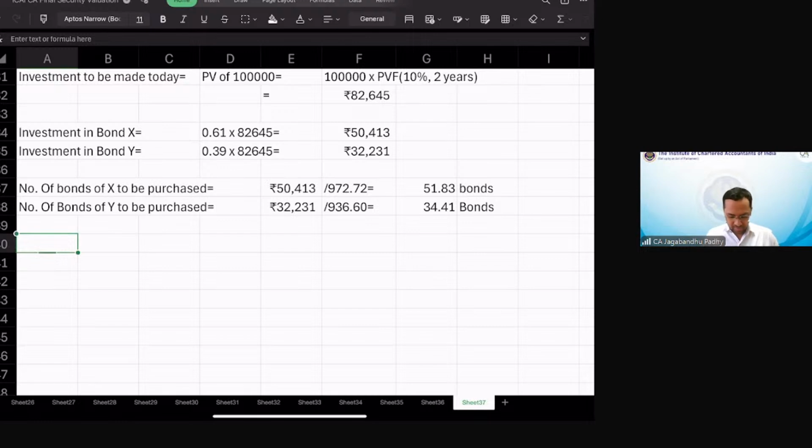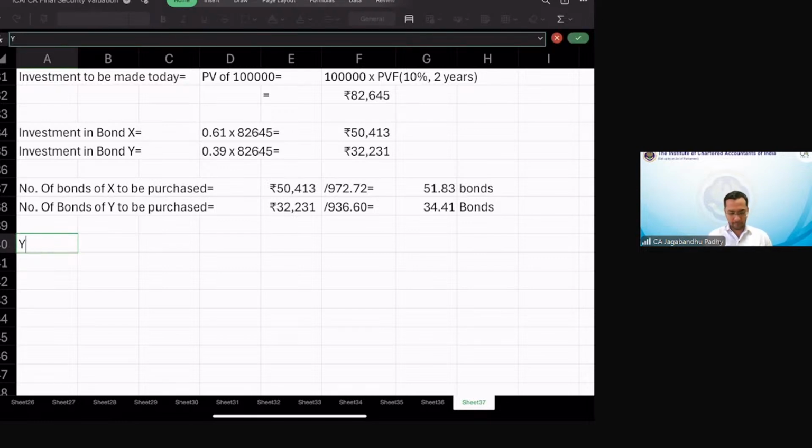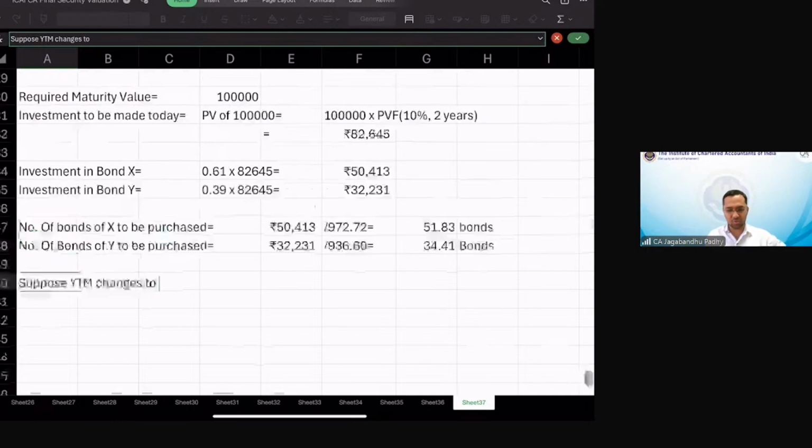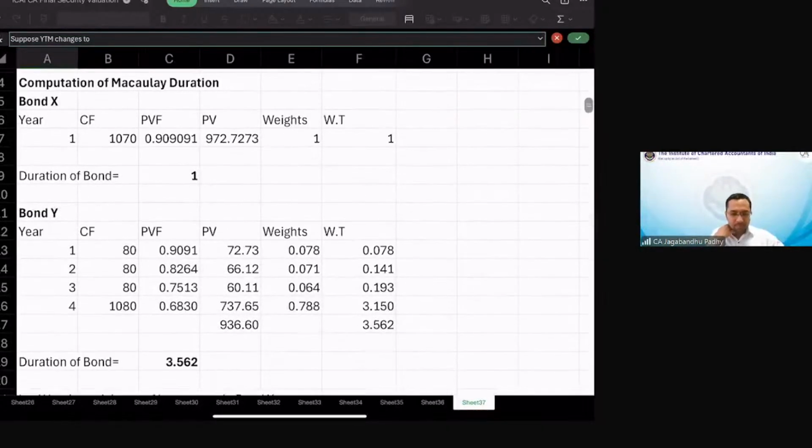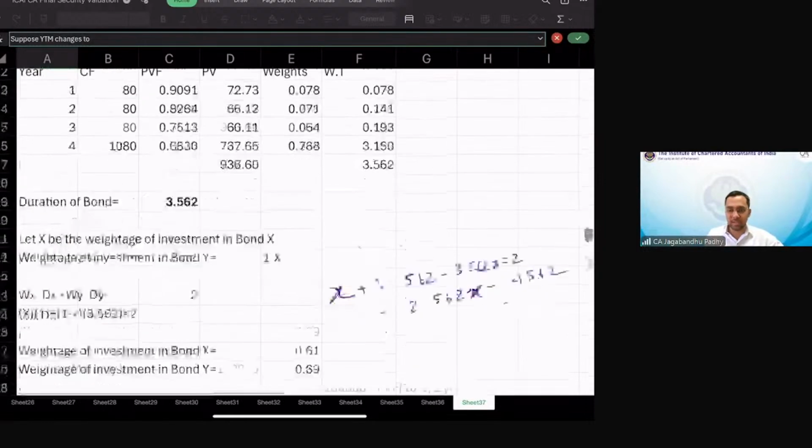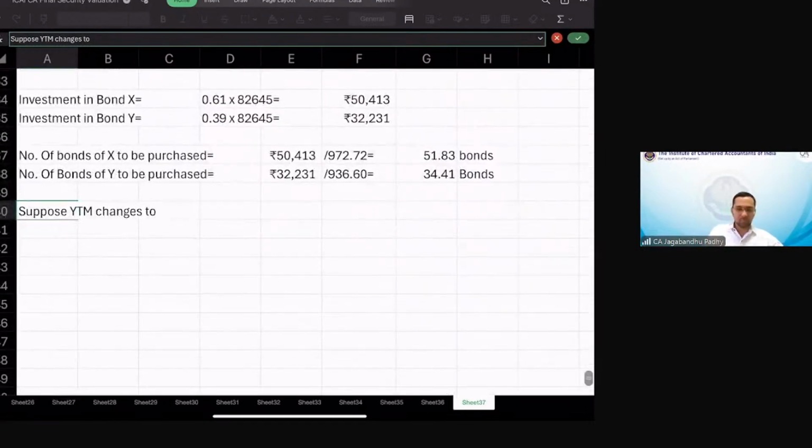Okay. So let's say, suppose YTM changes to, what's the current YTM, by the way? What was the current YTM? 10%, right? Correct? 10% YTM. So suppose YTM changes to 9%.